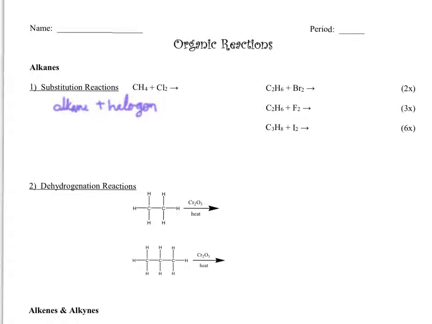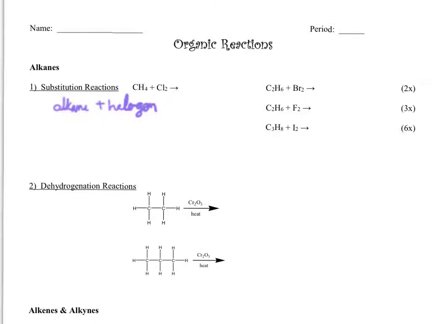Now, how would you know that you have an alkane? Because a lot of these are just hydrocarbons. If you're given the structure, you can tell because they're all just carbons and hydrogens and they're all single bonds. But what if you're given the formula?